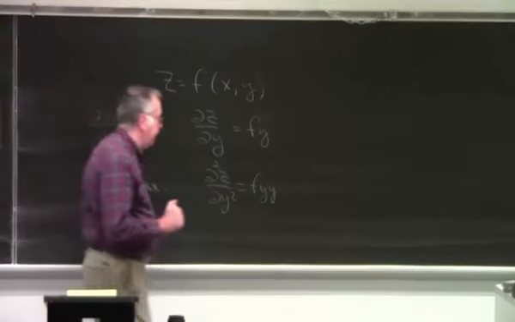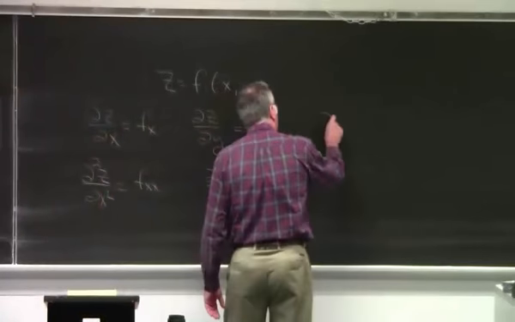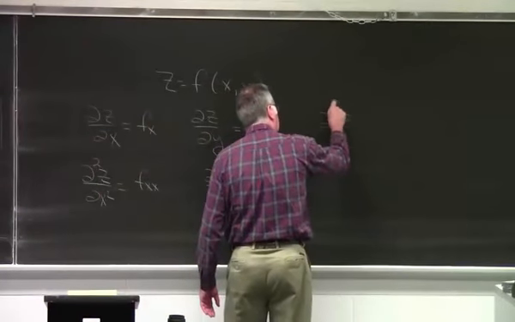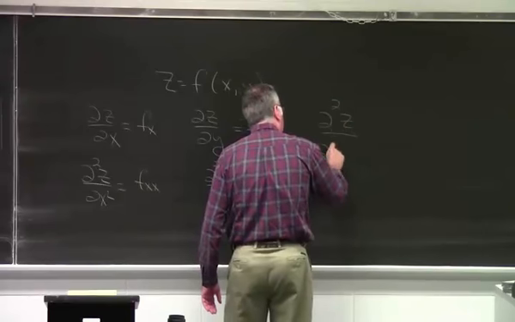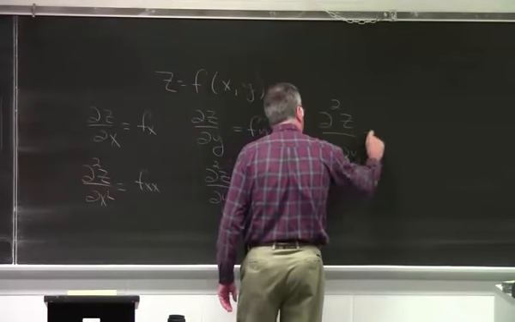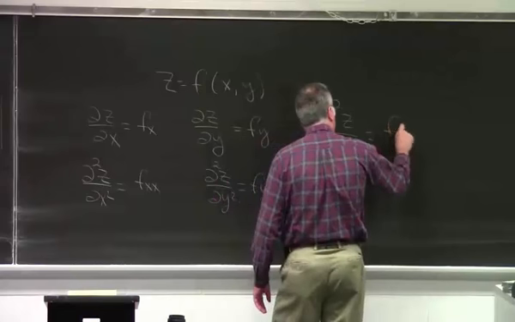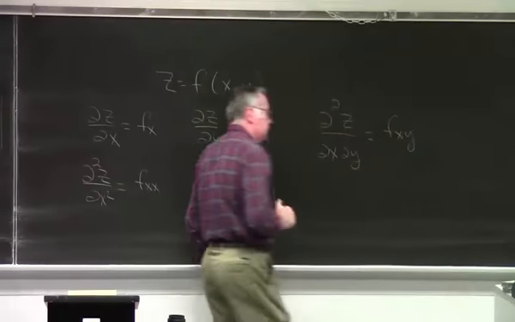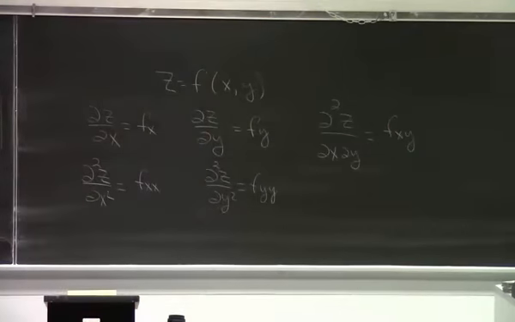And then finally, this cross partial derivative, partial z, partial x, partial y, this is just f sub xy. Okay. It's actually more convenient, I think, to use this notation.